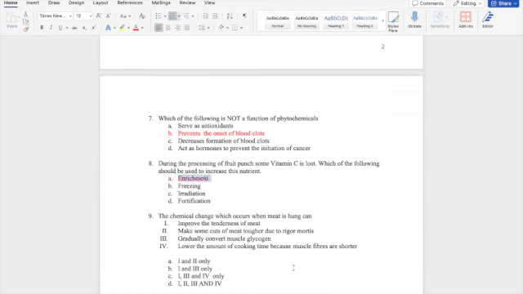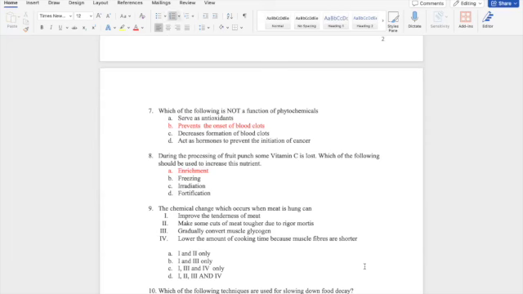And then number 9, the chemical change that occurs when meat is hung is what? What is the chemical change? So we have some options here. Improve the tenderness of the meat. That is true. Make some cuts of meat tougher due to rigor mortis.